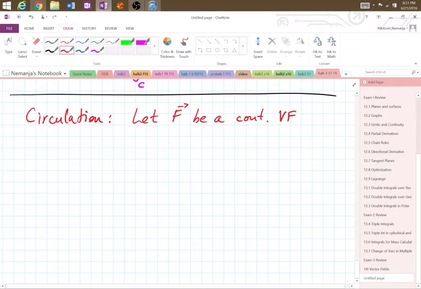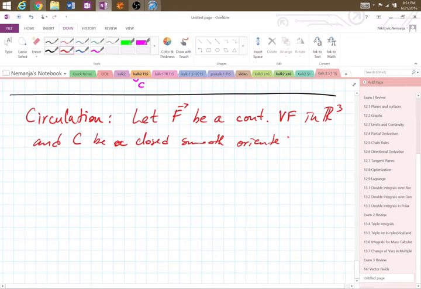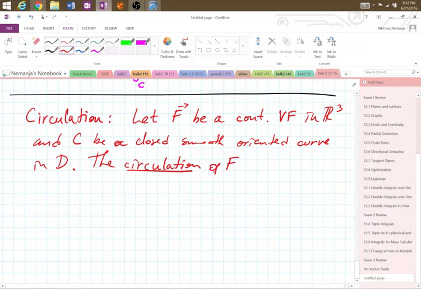And C, well, in R3, and C be a closed, smooth, oriented curve in D. The circulation of F on C is the line integral F dot dR. They have a different form there, but we know what we're computing, which can also be represented this way.